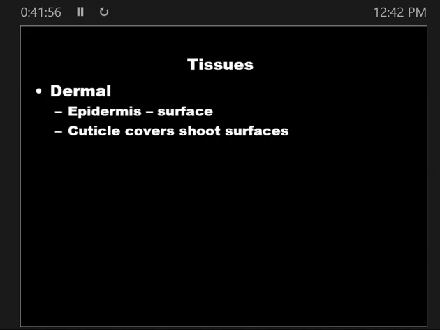And they have a special addition to their epidermal layer because they cover it with wax, which is called a cuticle. So cuticle is this relatively thin layer of wax. So if you think about it, if you cover your above ground parts with wax for the most part, that's really going to help seal your body and keep you from losing water.